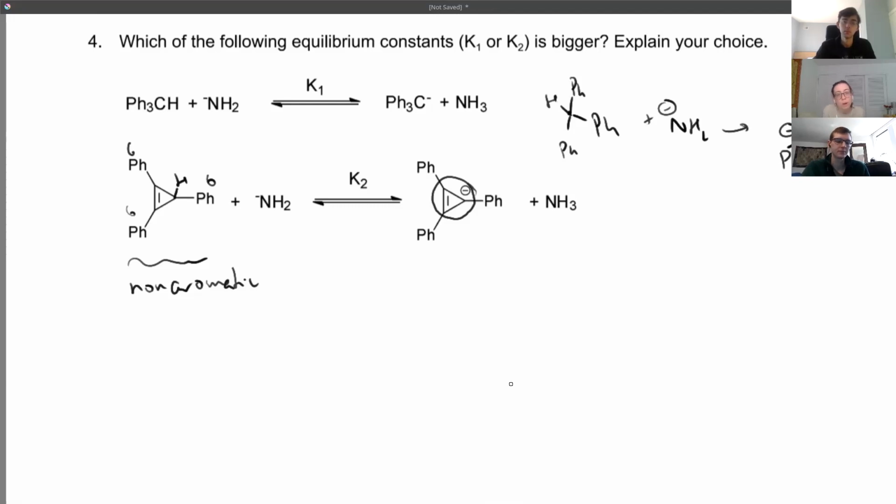So for the bottom one, we're going from sp3 to sp2, right? That hybridization. I thought that would be the same change for the first reaction as well in terms of hybridization. Yeah, it is. If we're not considering the phenyl groups as part of the conjugated system, then it goes to anti-aromatic. Then we don't like that reaction.